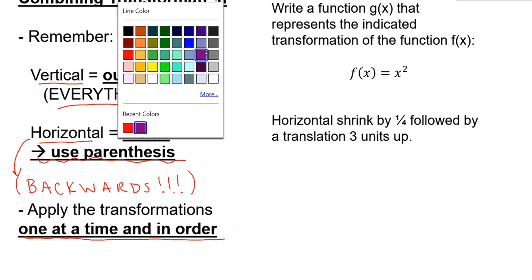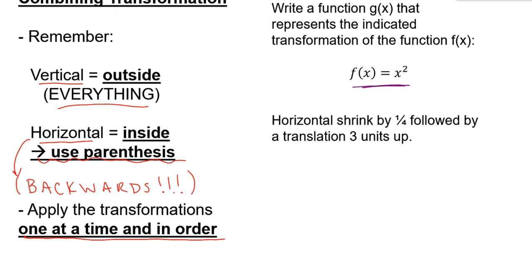Okay, this first one. Here's our parent function, so that's what we start with. We're going to do a horizontal shrink by 1/4, followed by a translation or shift 3 units up. So I've got two things that I've got to do here, one at a time.